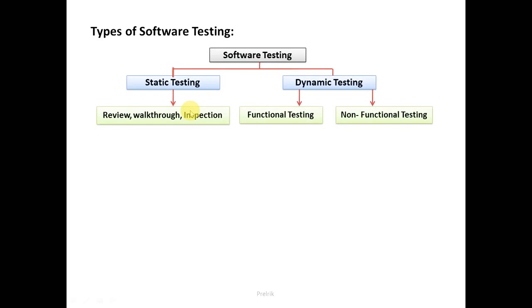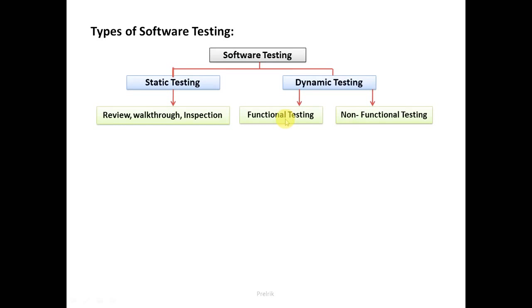And if you come to dynamic testing, it is again categorized into functional testing and non-functional testing. Functional testing is checking the mentioned behavior or requirements, that the software requirement specification, the SRS, is delivered and it's working fine.